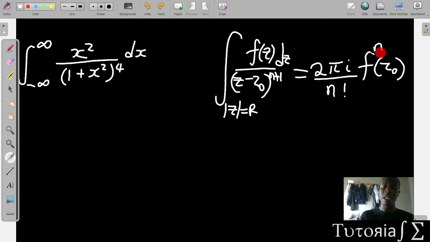So if n is 7, you differentiate f of z 7 times and later replace with the point where the function is undefined. All right, so that is what you do.